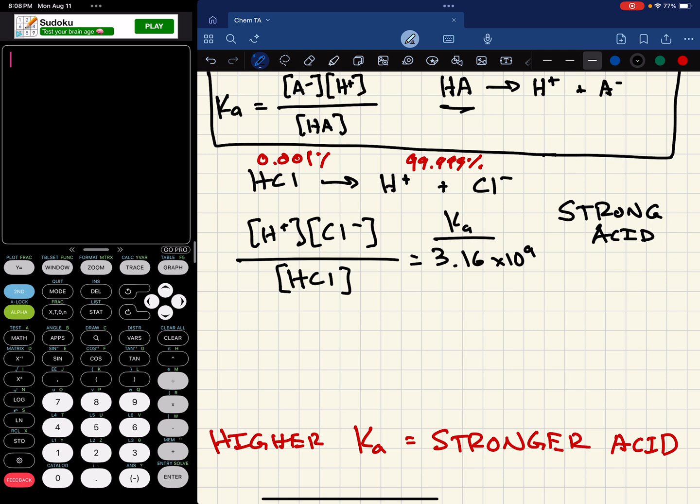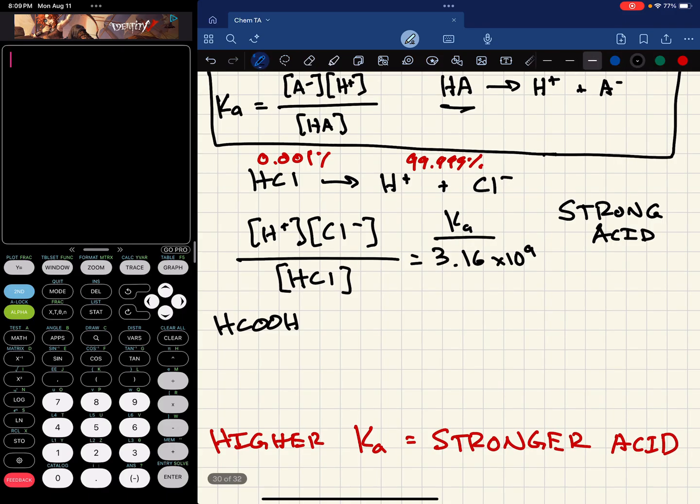Okay, here's another example for you. Here's our next acid. We have HCOOH. It dissociates into H plus ions and HCOO minus.